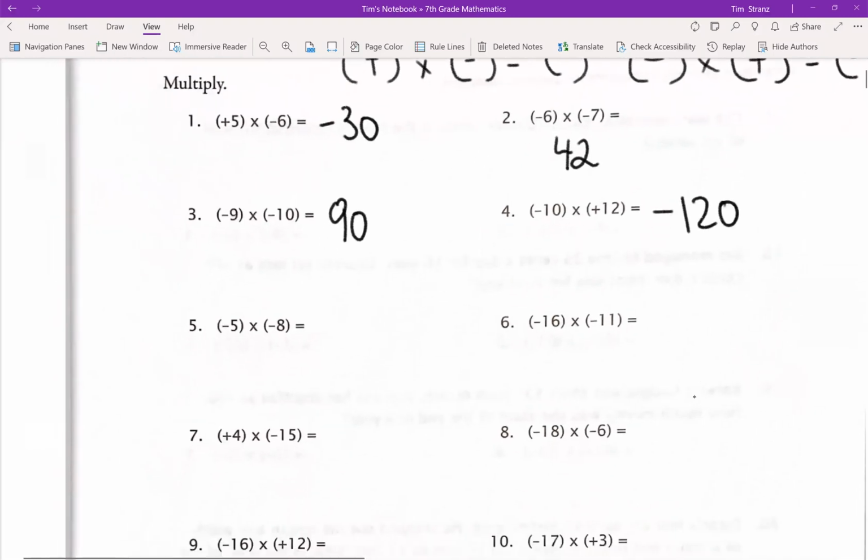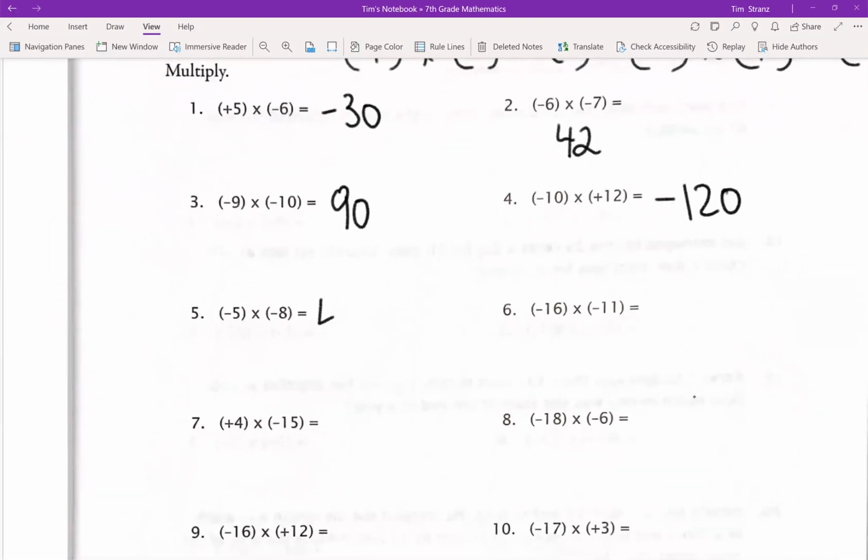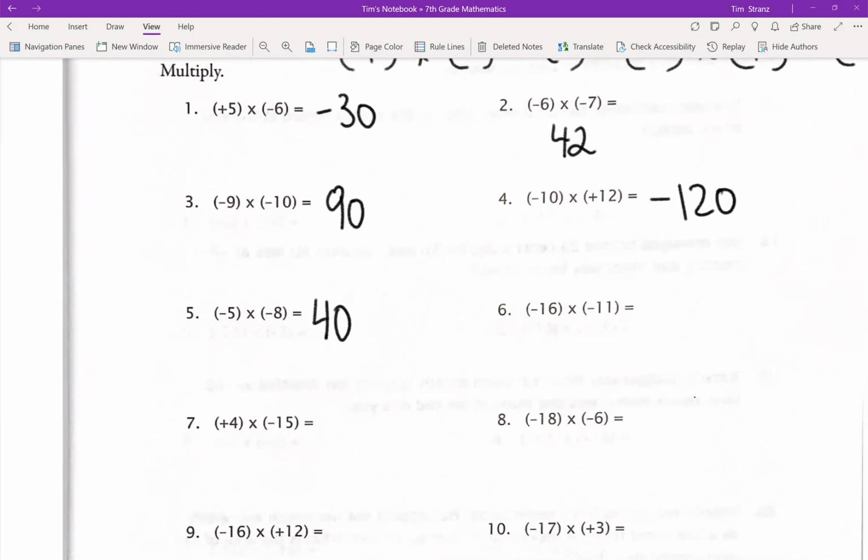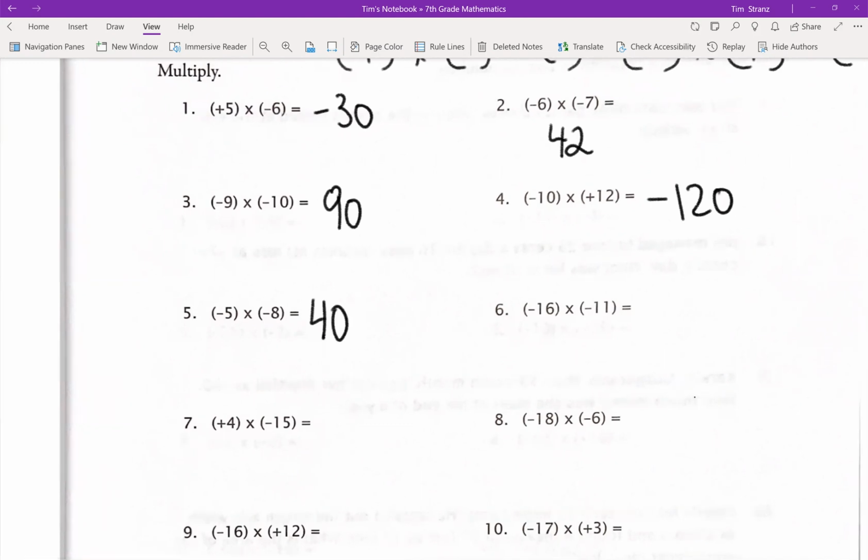Okay, number 5, 2 negatives equal a positive, so that's 40. Number 6, 2 negatives again equal positive. Okay, so you got negative 16 times 11. Remember it's going to be a positive answer, so 176.